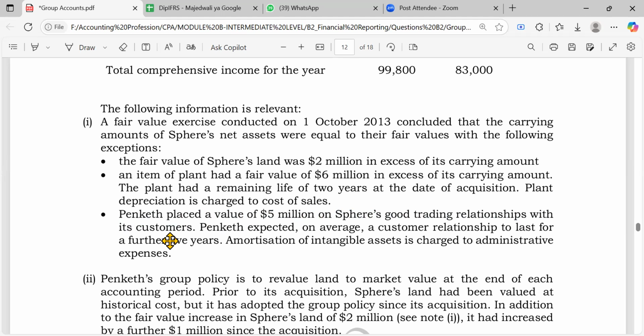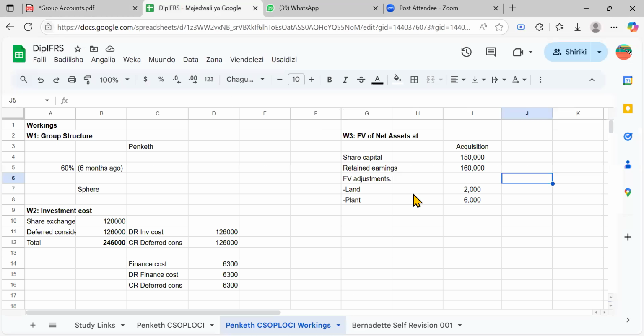From the date of acquisition, amortization of intangible assets is charged to administrative expenses. You can see that. So first of all, we have another adjustment in terms of customer relationship. How much?